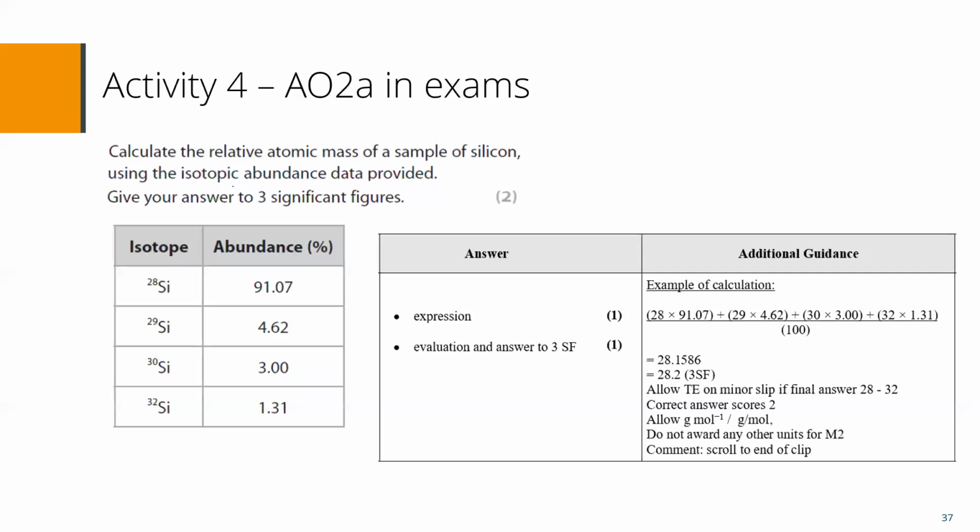Okay, they will also get the first mark if they simply wrote down 28.1586. That would get them the correct mark because, of course, the only way in which they can get 28.1586 is by using the correct expression. So that 28.1586 subsumes the correct expression and then given the final answer to 1 mark, 28.2.